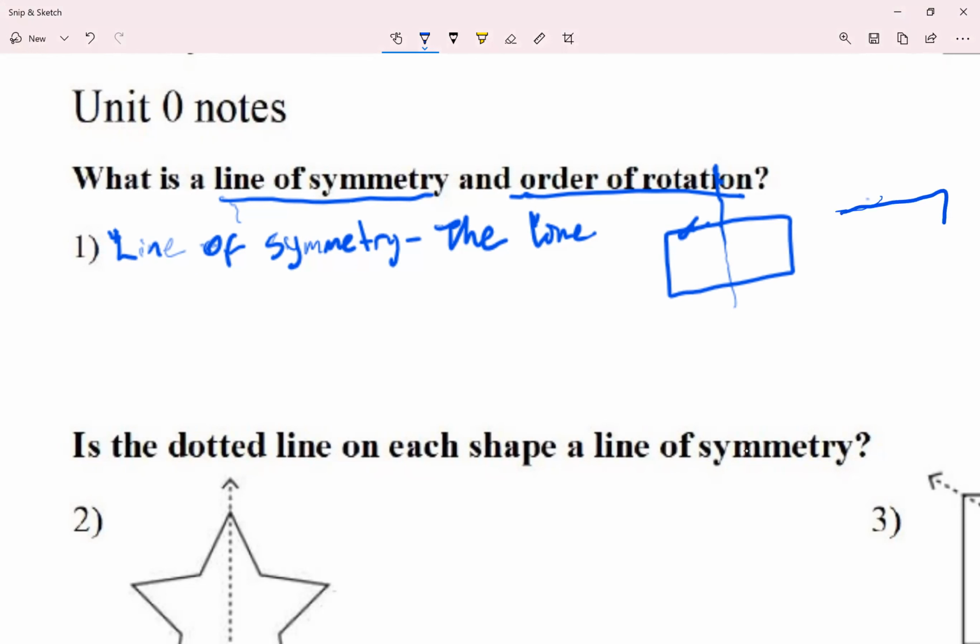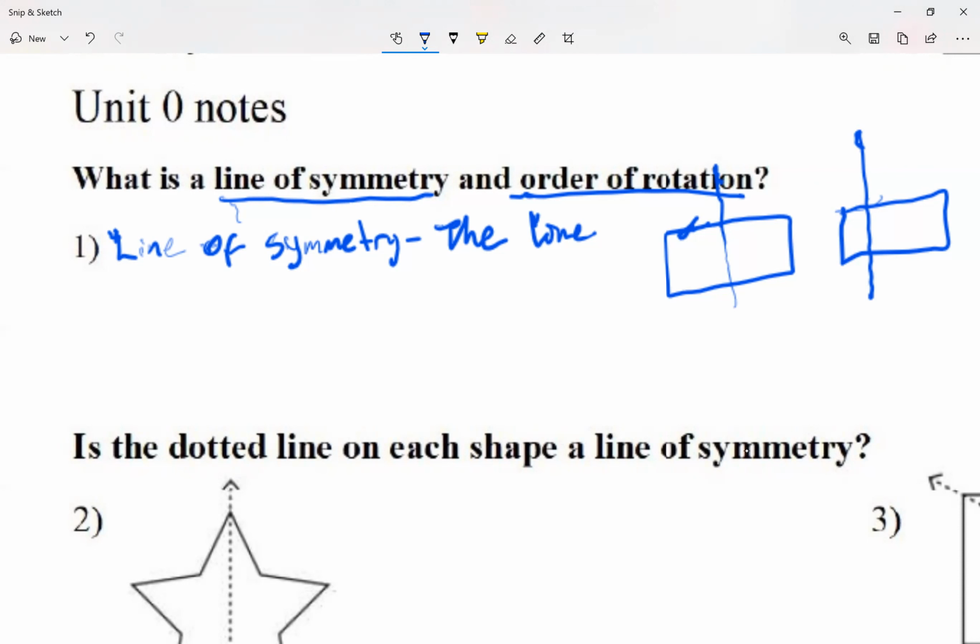Let's say I have a rectangle, but my line is right here. Notice how one side is smaller than the other. So one side is not reflecting on the other side. Notice how for a line of symmetry, one side has to be equal to the other. It just has to be flipped, but that's what we call the line of symmetry.